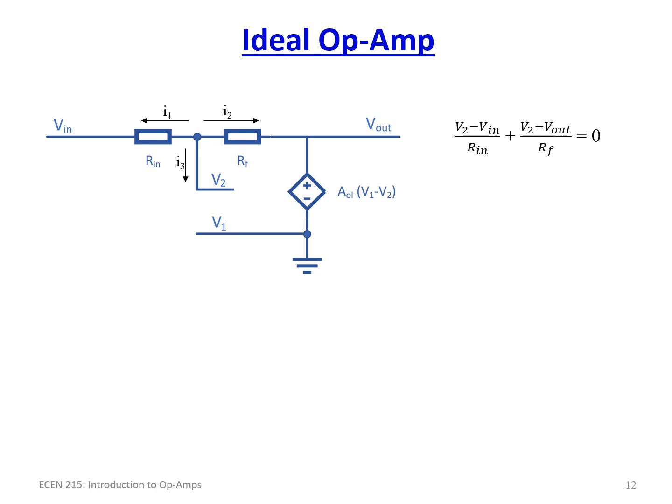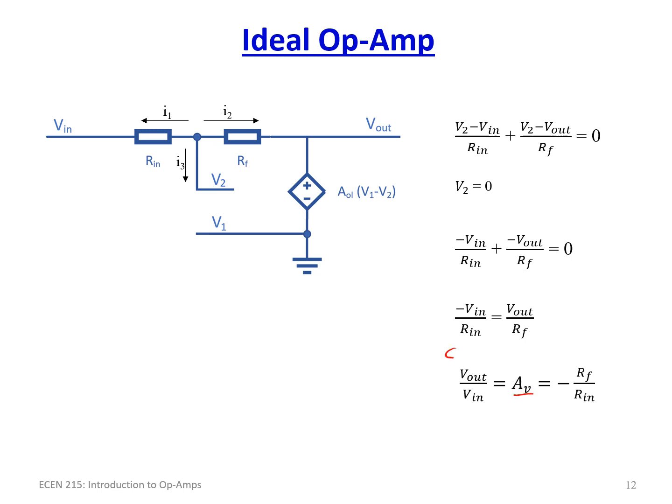Now V2 is equal to 0, so we simply end up with minus Vn over Rn plus minus Vout over Rf, which leads us to the closed loop gain, AV, as it's also known.